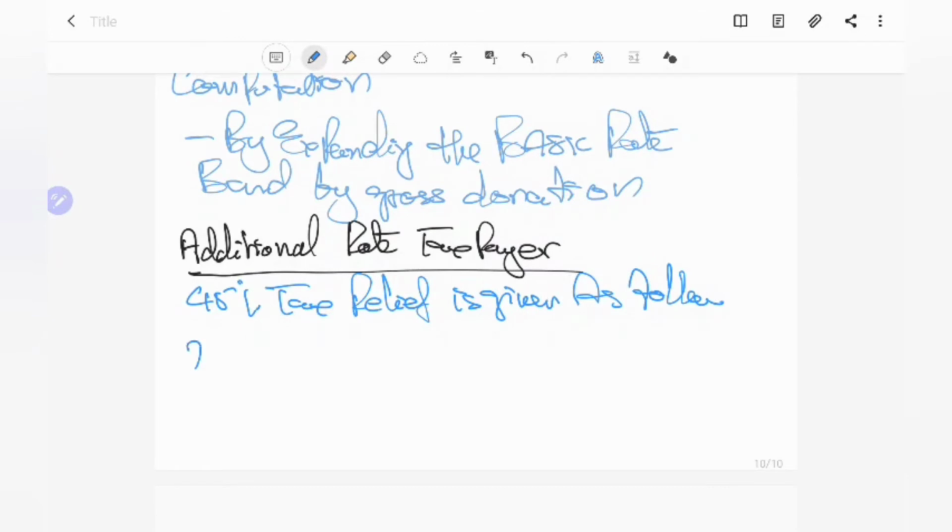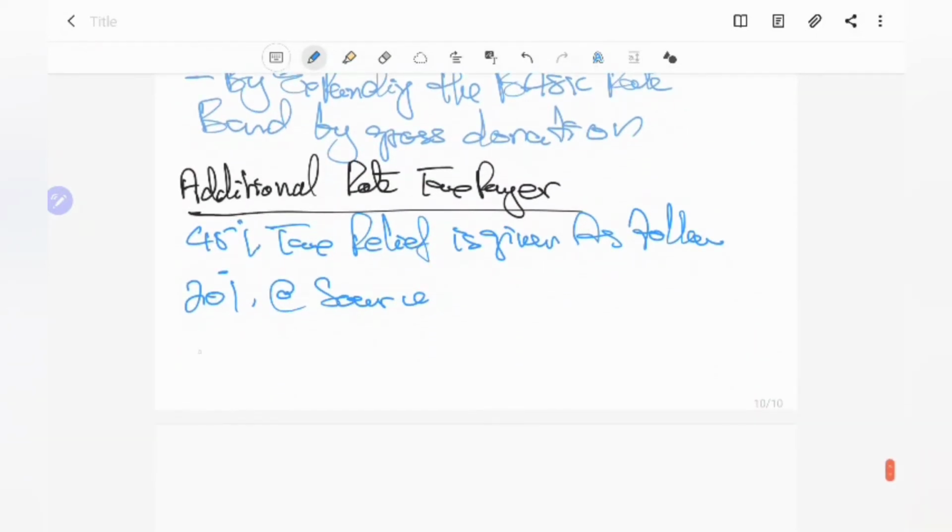Same 20% at source and 25% through income tax computation.